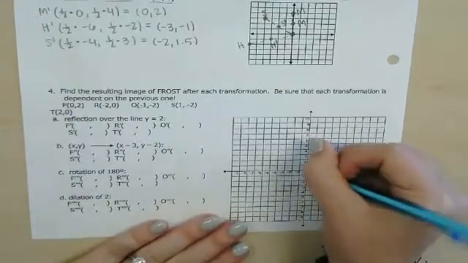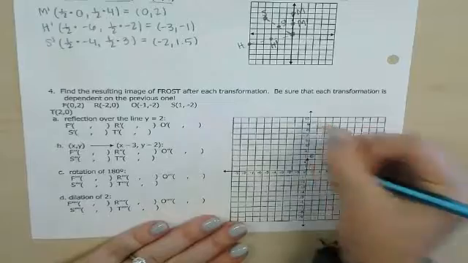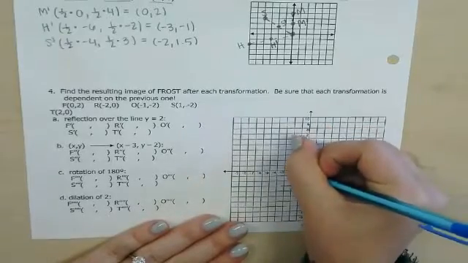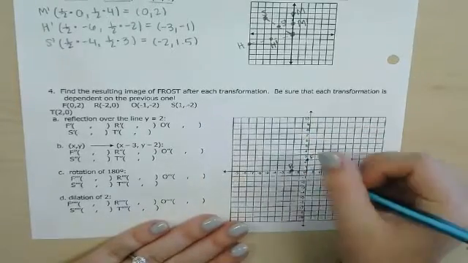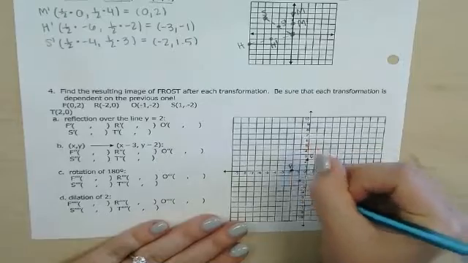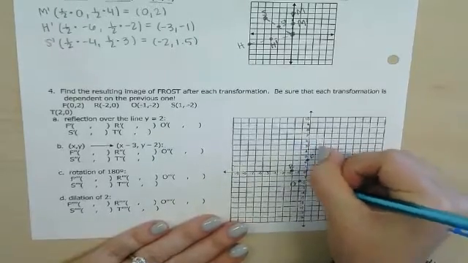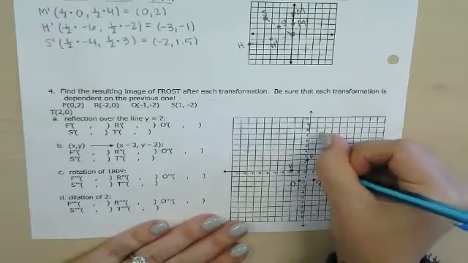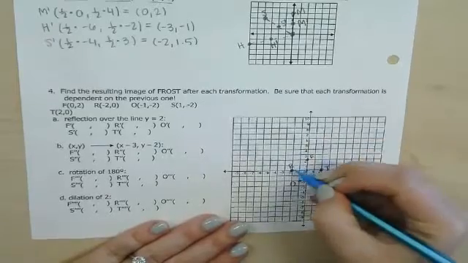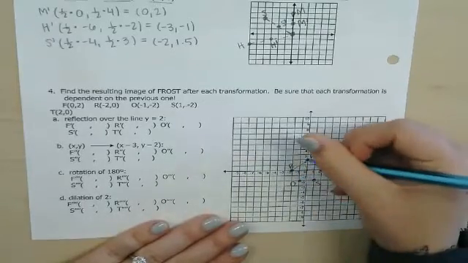So we've got at 0, 2 is F, at negative 2, 0 is R, at negative 1, negative 2 is O, at 1, negative 2 is S, and at 2, 0 is T. Okay, so I'm going to go ahead and connect those points.